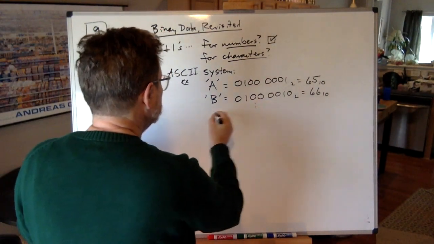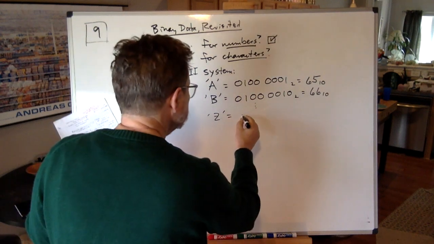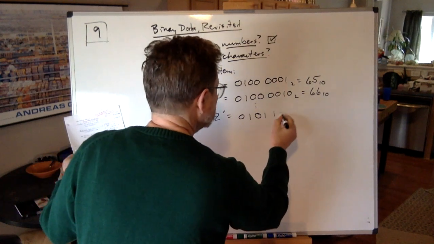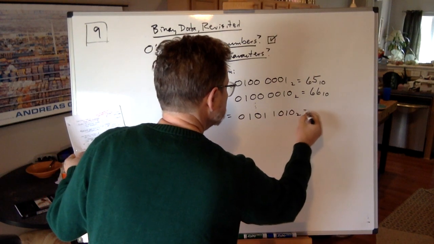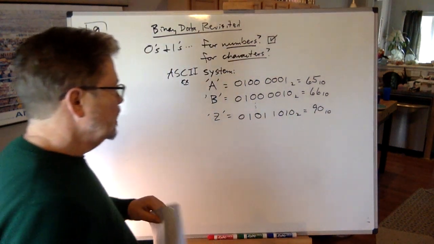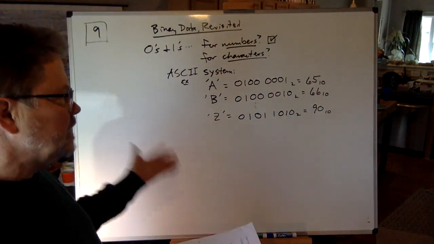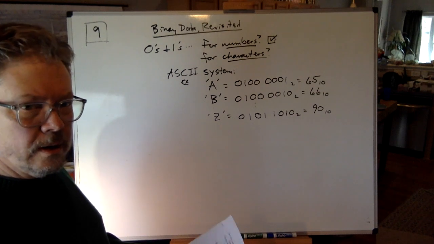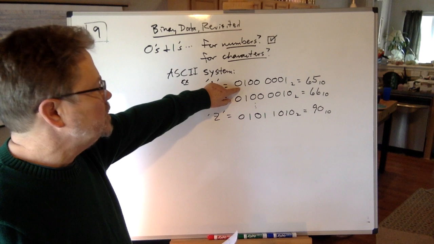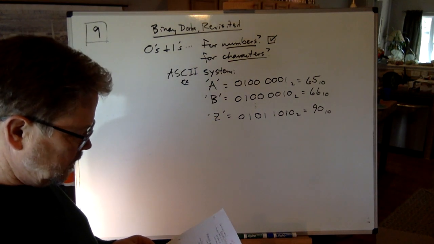If we were to keep going, we would find out that capital Z is, and I don't have this memorized, 0, 1, 0, 1, 1, 0, 1, 0, which turns out to be 90 in base 10. So each one of these different alphabetic characters has a binary representation in the computer. So if you type in capital A in your Word document, you're putting a 1, 0, 1, 0, 0, 0, 0, 1 there. I might not have read that off correctly, but you got the idea.